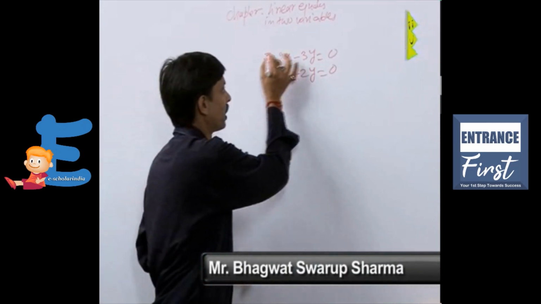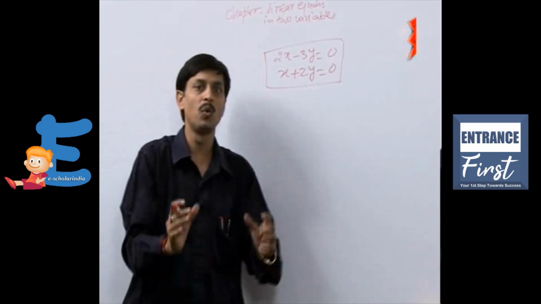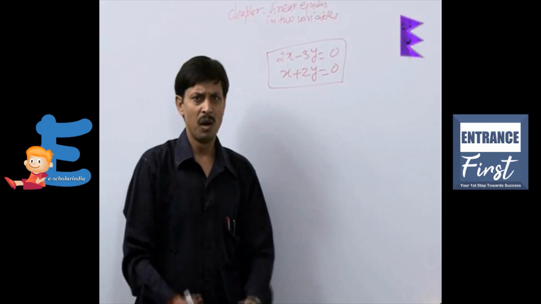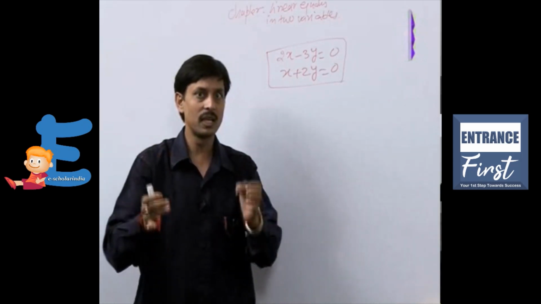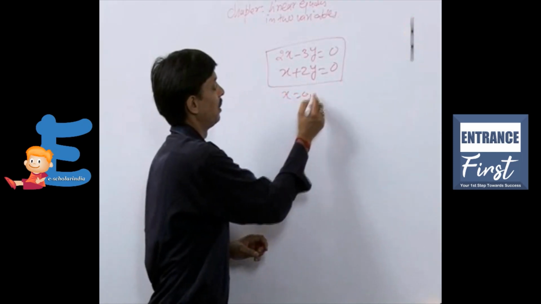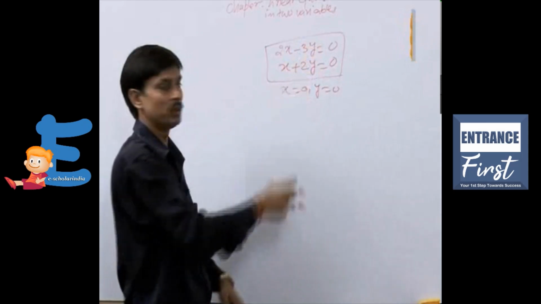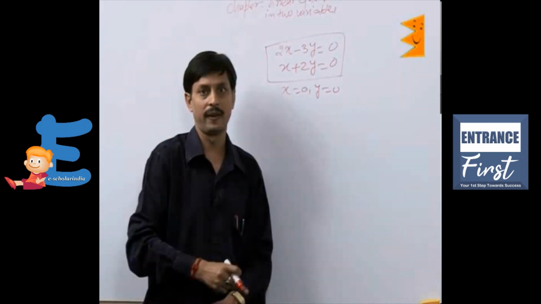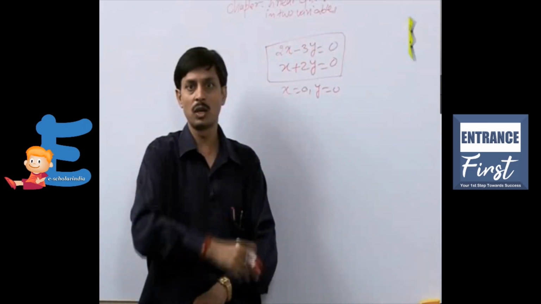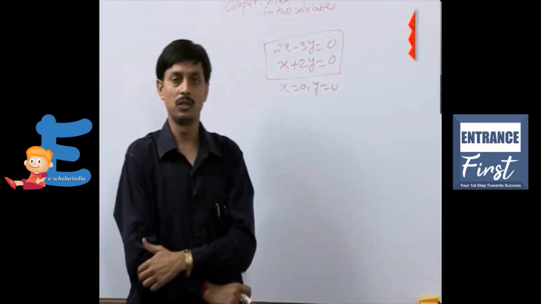Somebody asked me what is the common solution of this system of linear equations in two variables. My immediate answer is x is equal to 0 and y is equal to 0. X equal to 0 and y equal to 0 will always satisfy every system of linear equations where C1 and C2 are 0.